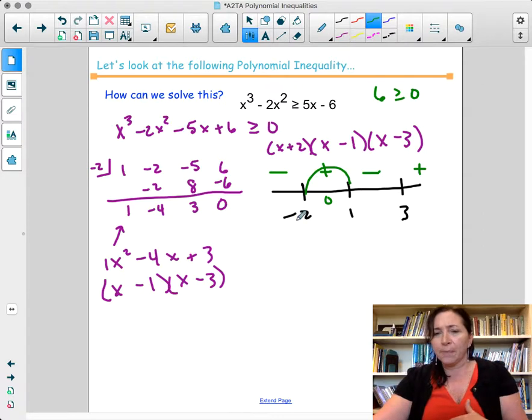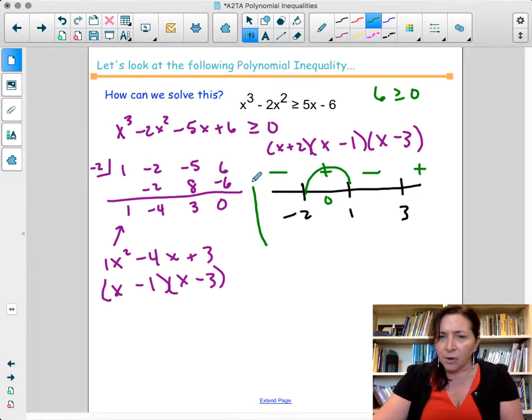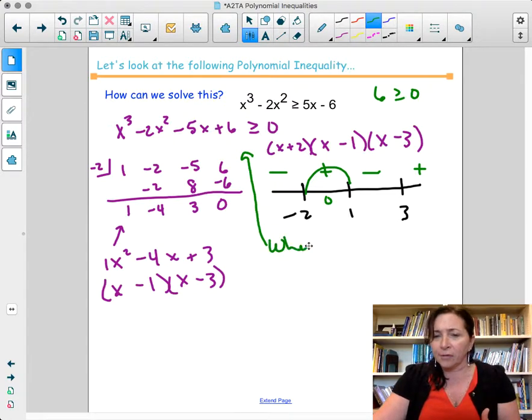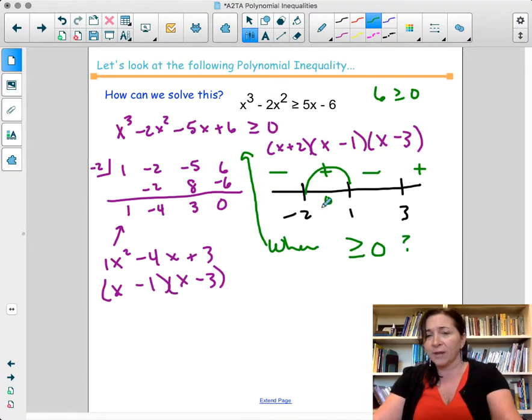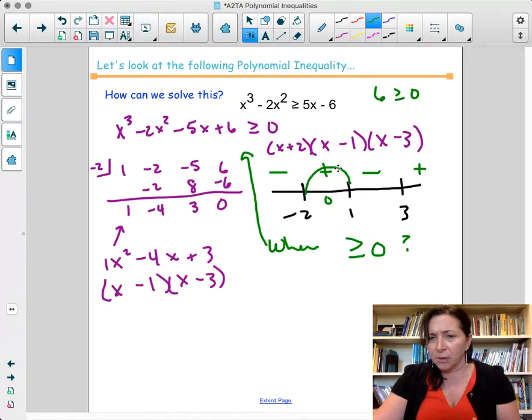So as soon as you do your sign pattern testing, you're going to go back up to the original equation and you're going to ask yourself, where is my graph greater than or equal to 0? So it's going to be greater than or equal to 0 here between these two intervals, right? And here between these two intervals.